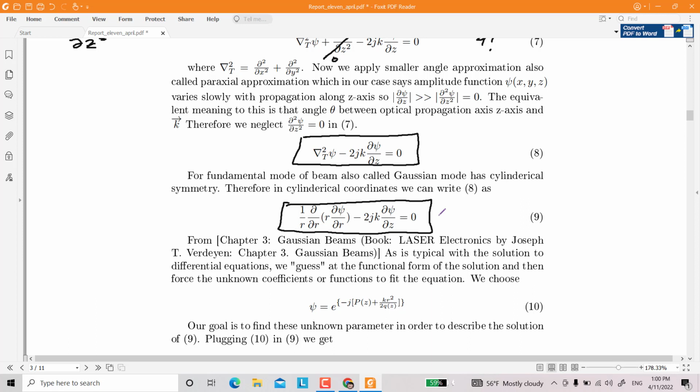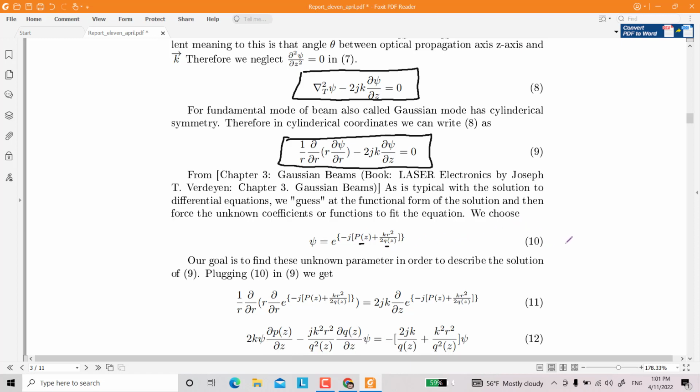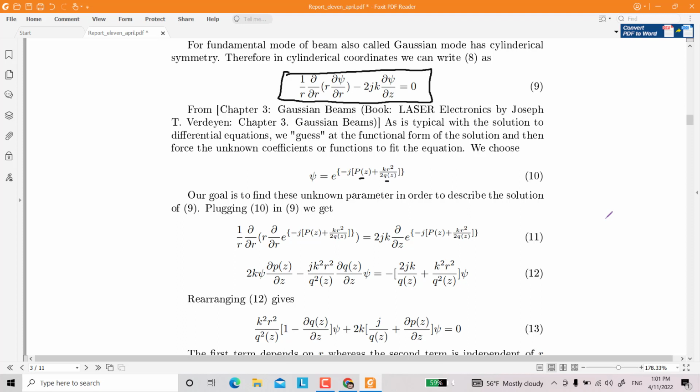Obviously, these two parameters are going to be of extreme importance in understanding the Gaussian beam. So our immediate goal is to find these two parameters, which when plugged into equation 10 will satisfy equation number 9, right? The rest of the lecture is based on deriving the functional form of P and Q, right? So what next to do?